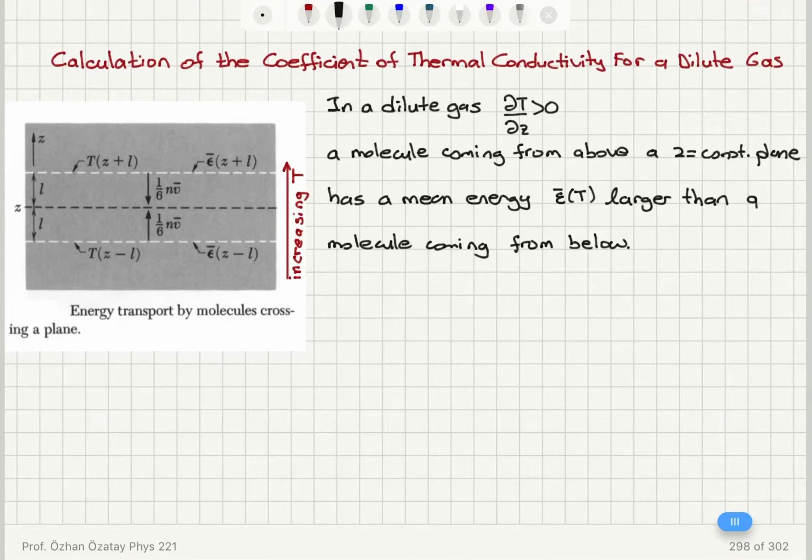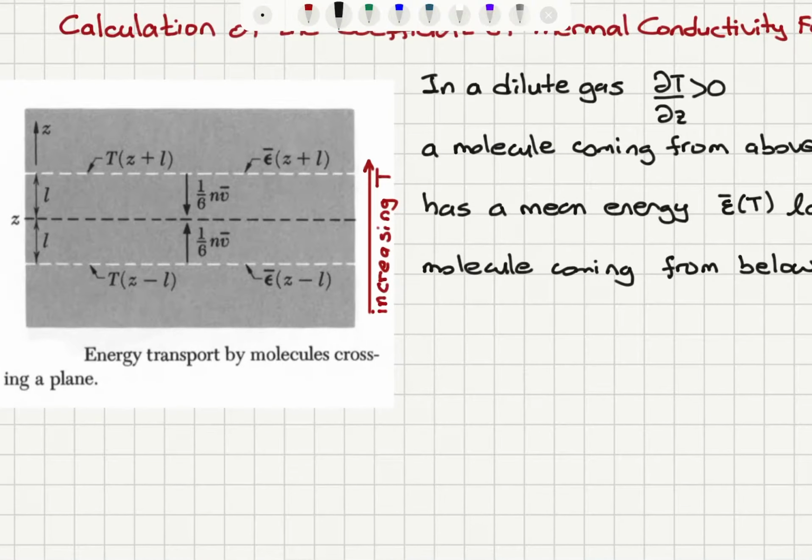So a molecule, when it is above the z is equal to constant plane, has changed its mean energy at a mean difference of a mean free path L above the z is equal to constant plane. So this L is my mean free path, and basically I see that at a distance z plus L from the bottom, so this is my z is equal to 0 reference. So I have z is equal to constant plane.